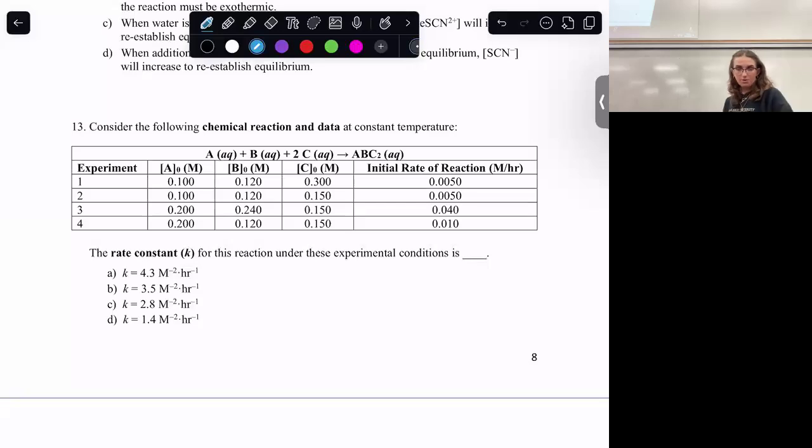Alrighty. So for question 13, we're given experimental data and we're asked to find the rate constant K for this reaction under the equilibrium conditions. So this is your method of initial rates. How do we use this chart?